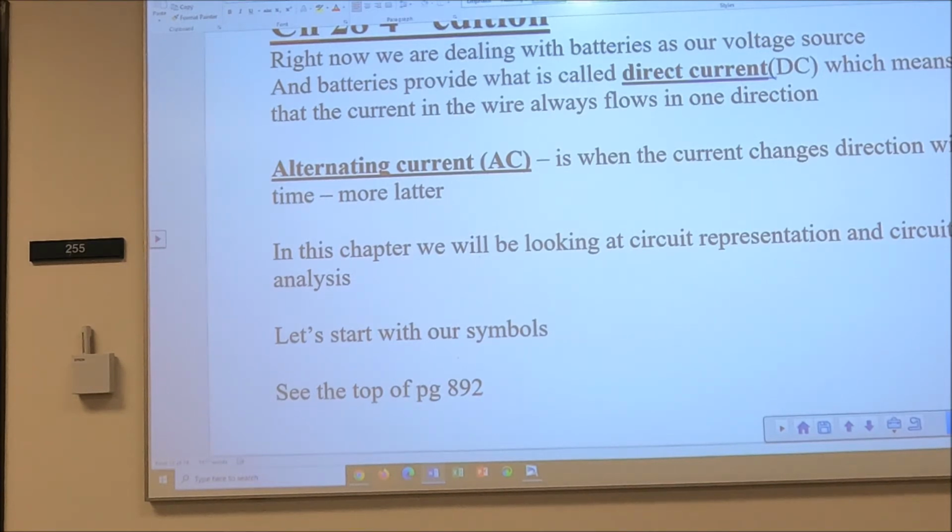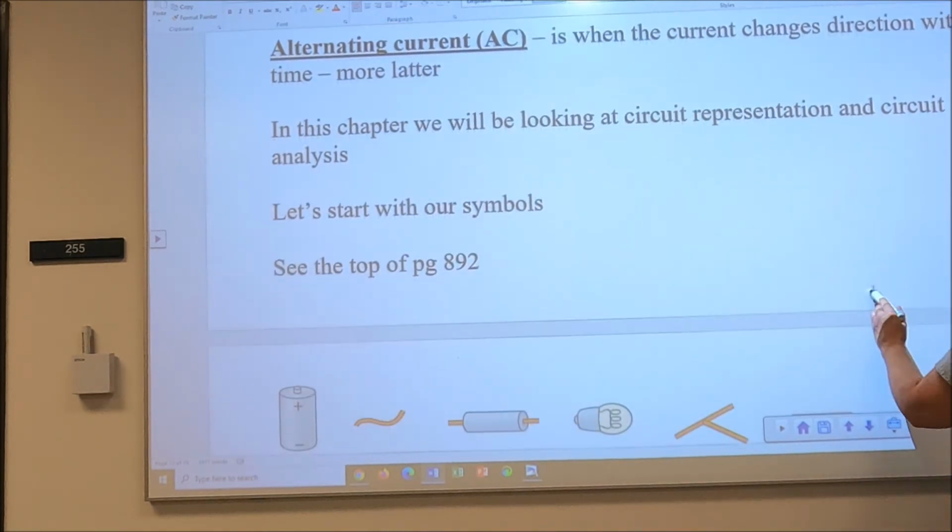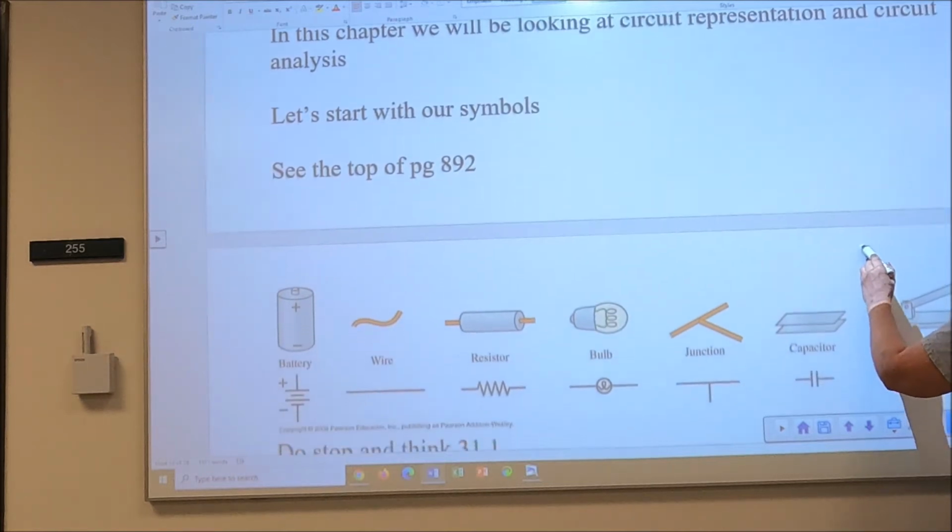AC power is what you have in your house. DC is what you get from a battery. We'll talk about why we use AC for houses later, but right now we're going to stick with DC because it's a little bit easier for us to work with mathematically.